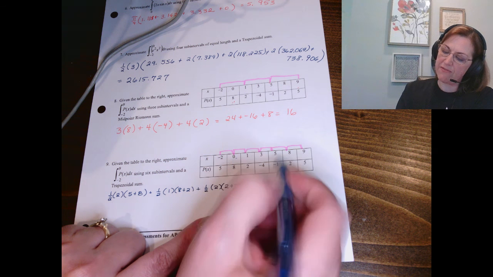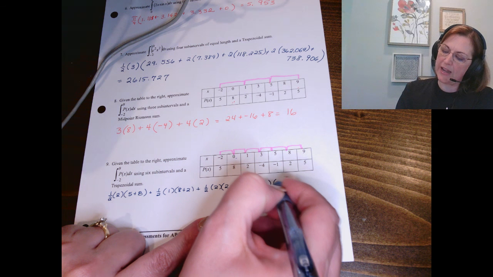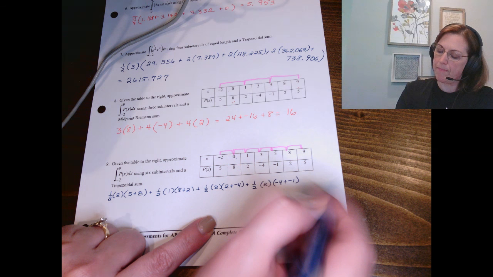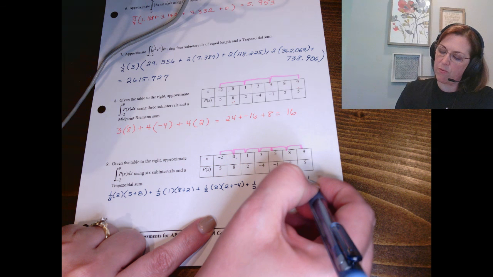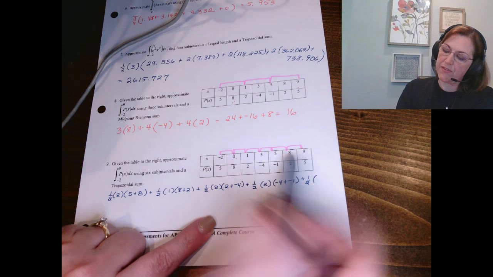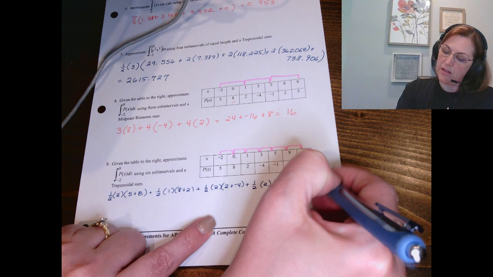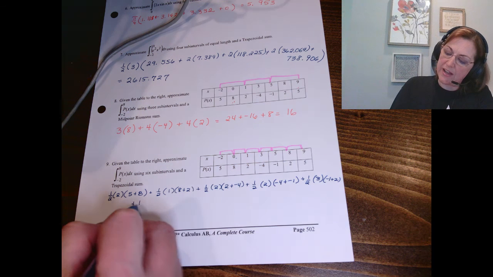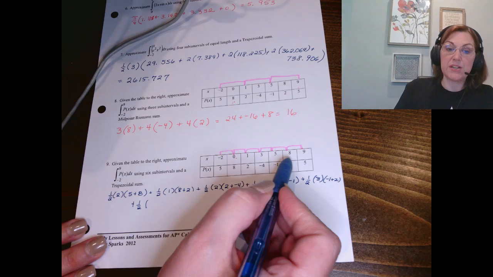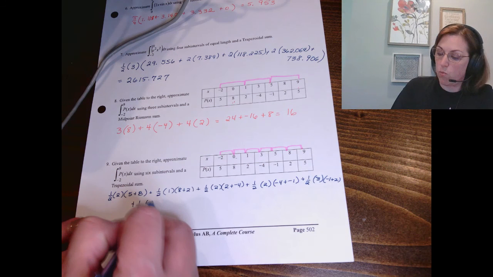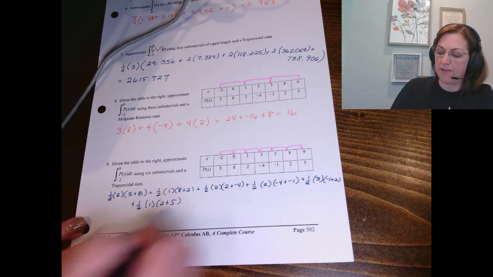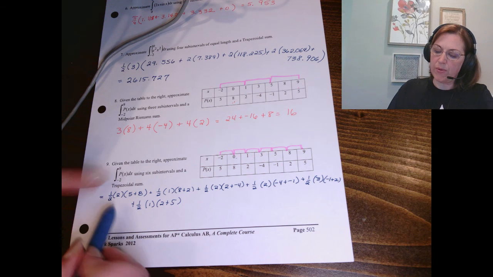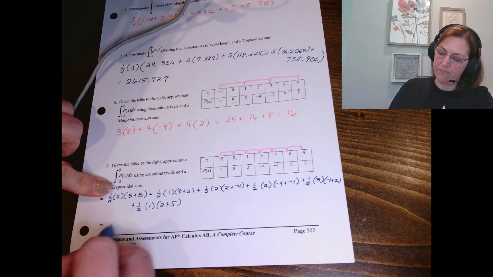Then we go from 3 to 5, width of 2, and we add -4 plus -1. We've got 1/2, and then we've got a width of 3, and then we add -1 plus 2. And then finally, the last trapezoid is from 8 to 9 with a height of 1, and we get 2 plus 5. Okay, so I get 13 here.